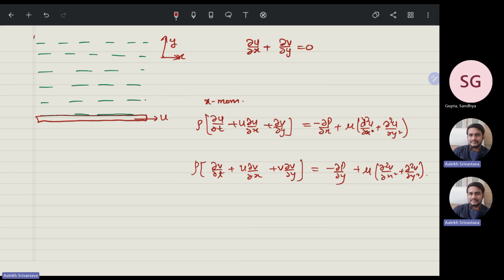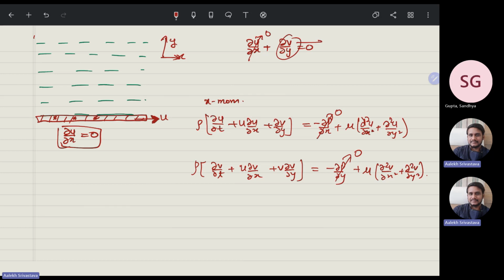Since initially the fluid is stationary and only the perturbation happens because of the sliding of the plate, we can say that there is no pressure gradient. The second thing is, since all the points of the plate are moving at a constant velocity, there is no gradient of velocity in the x direction. That means this term will be equal to 0.